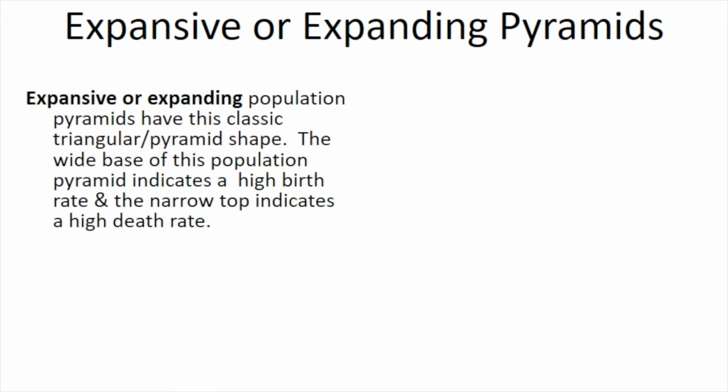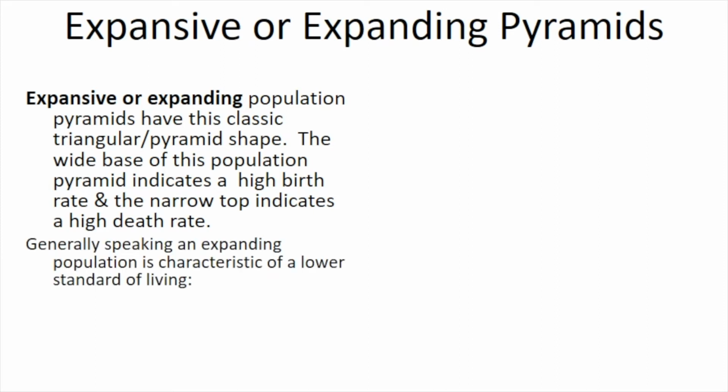So to summarize this online material, the expansive or expanding pyramid. The expansive or expanding population pyramid has the classic triangular pyramid shape. The wide base of the population pyramid indicates a high birth rate and the narrow top indicates the high death rate.